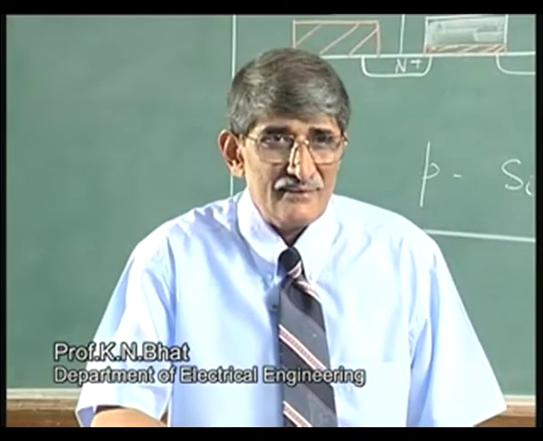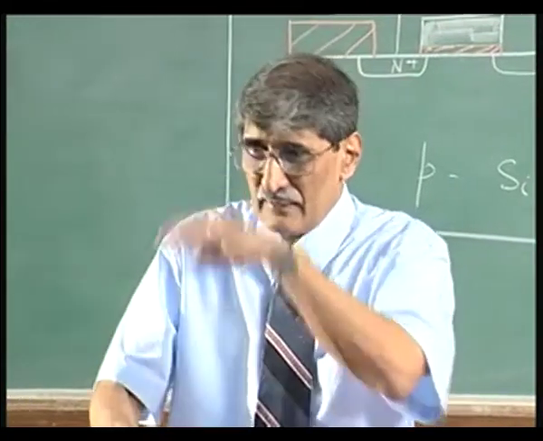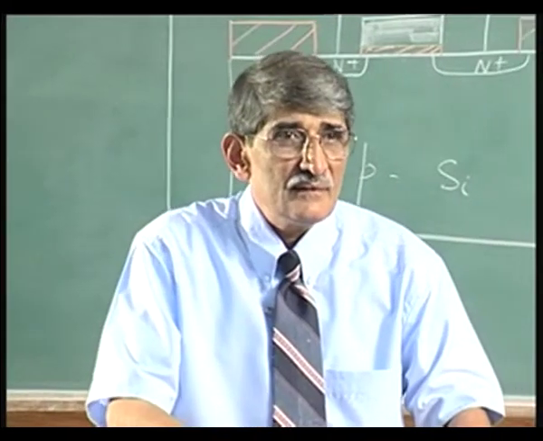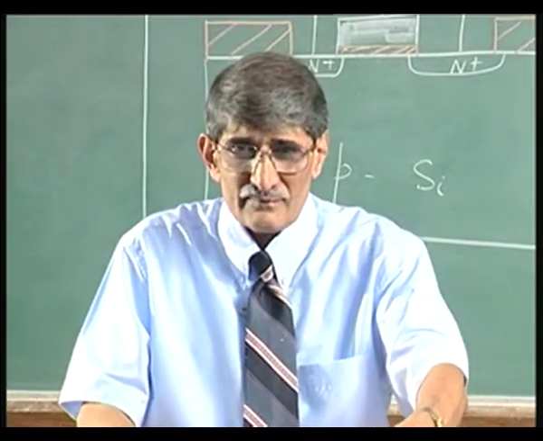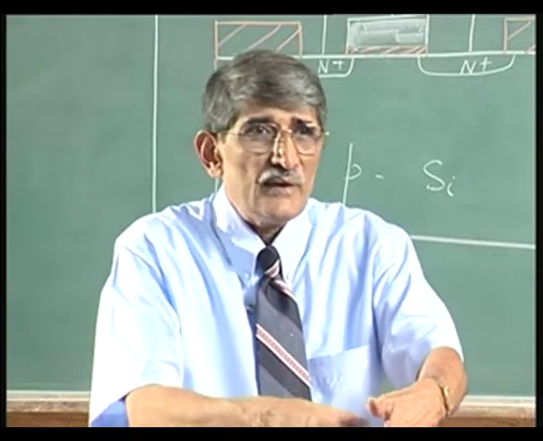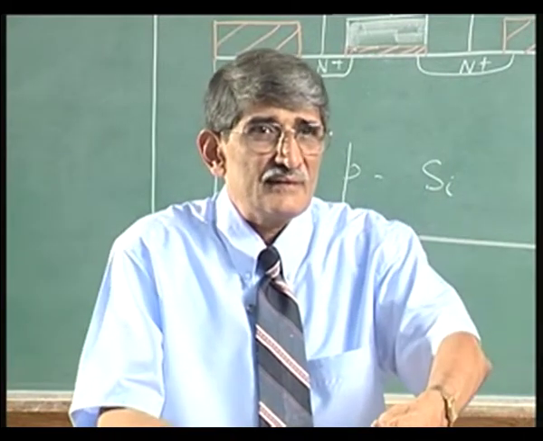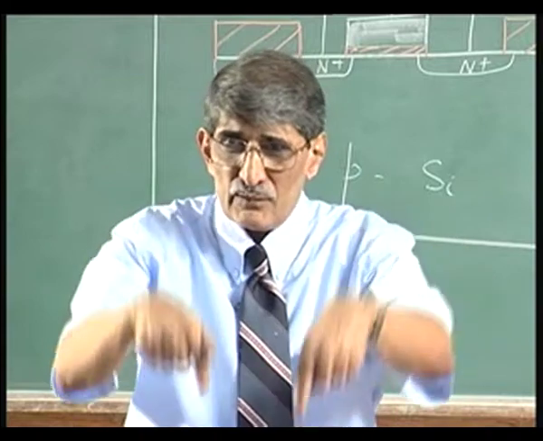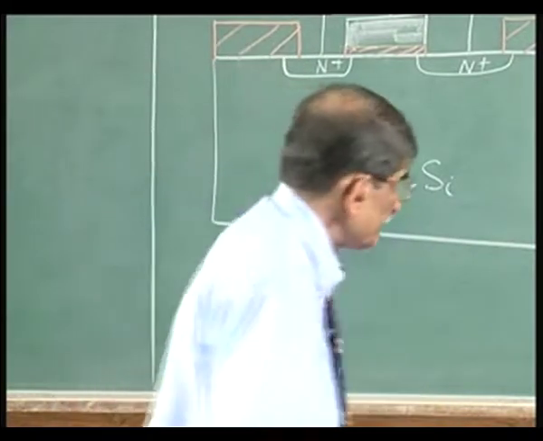Anodic oxidation. Dip the gallium arsenide in an electrolyte, in fact it is water, OH. Use the OH ions for oxidation of gallium arsenide. Put 2 electrodes, dip it into that.